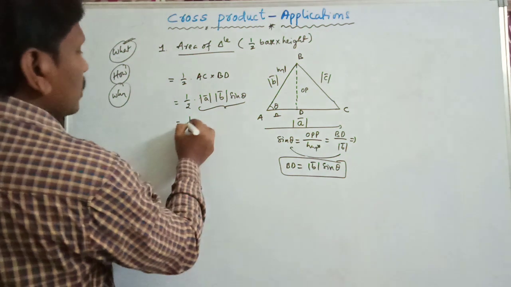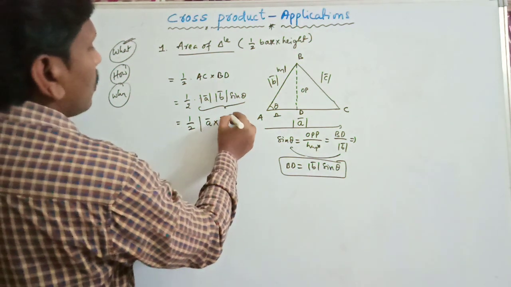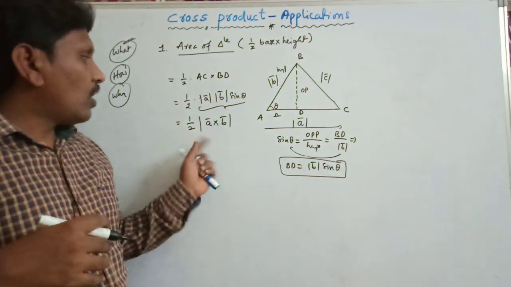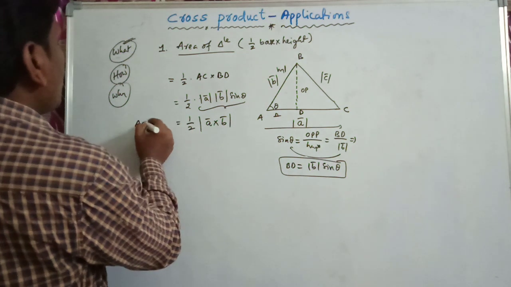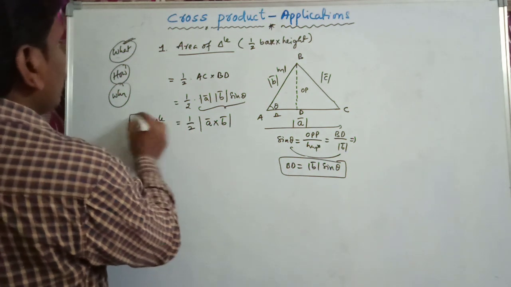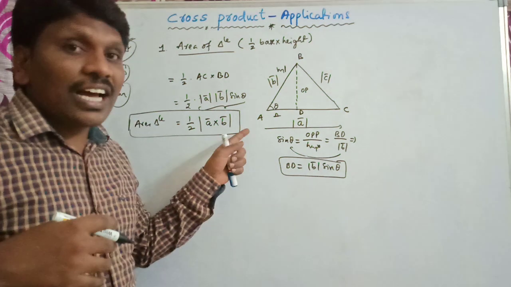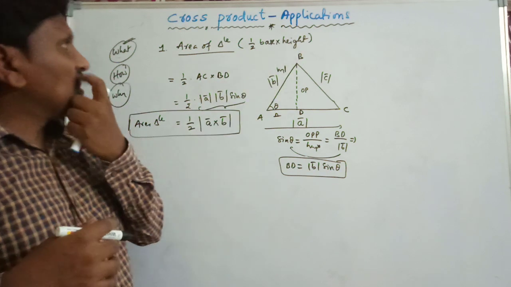Then we can say that it is half into A bar cross B bar in determinant form. Okay, so half into mod A bar cross B bar. This is the area of the triangle, the area of the triangle in terms of vectors. In terms of vectors, this is in terms of sides.